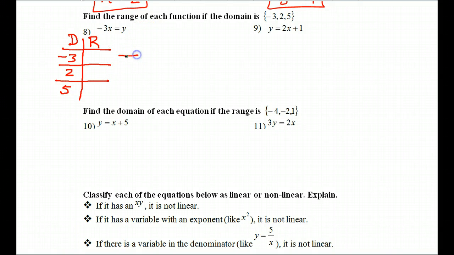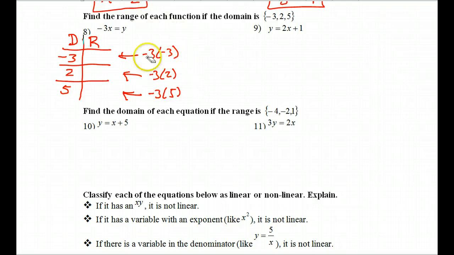So for example, y is -3 times x, so this would be -3 times -3. This one will be -3 times 2, and this one will be -3 times 5. So if we do that, -3 times -3, that's going to be 9.